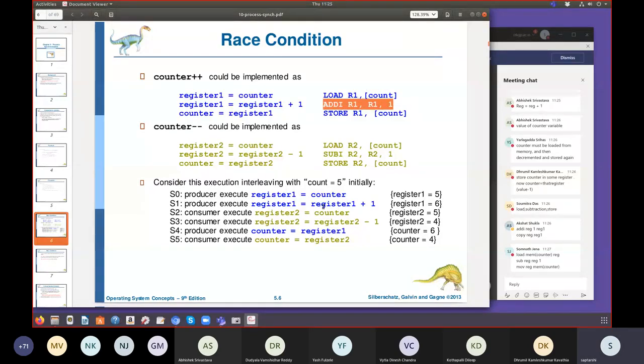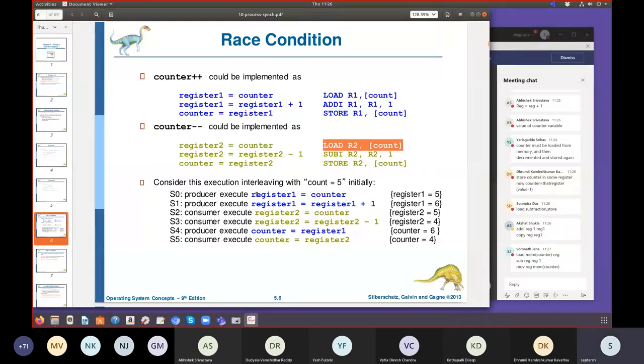But then there is a context switch. So the producer is shifted out of the CPU and the consumer is allotted the CPU. So now the consumer starts executing and it executes this instruction, load R2 count. What value of count will it see?